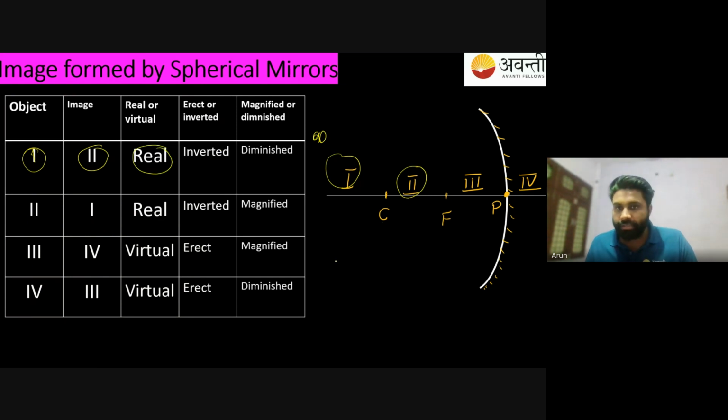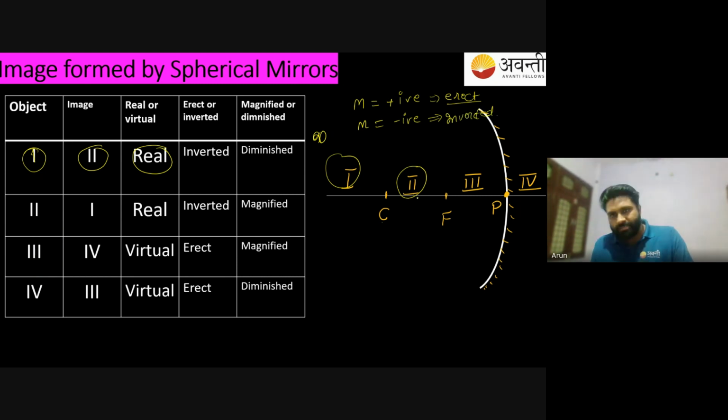Erect होगी कि inverted होगी, ये कैसे पता चलेगा? सीधी होगी या उल्टी होगी? That would be told by the m. If m is positive, then the image will be erect, and if m is negative, then this will be an inverted one.